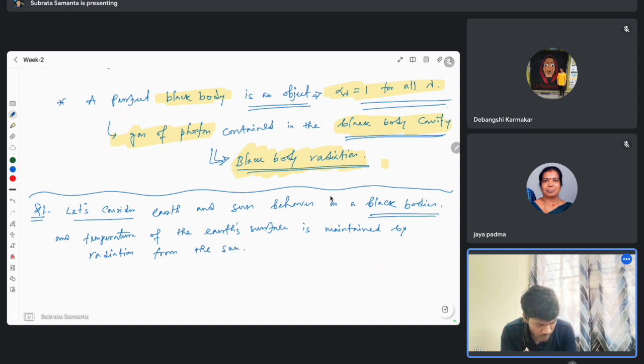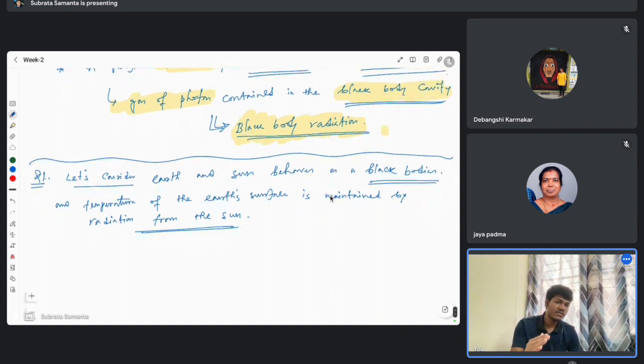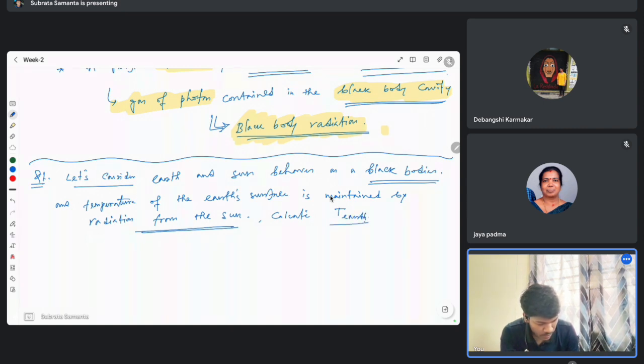Then what is the ratio of the Earth temperature and the Sun temperature? Calculate T earth versus T sun.